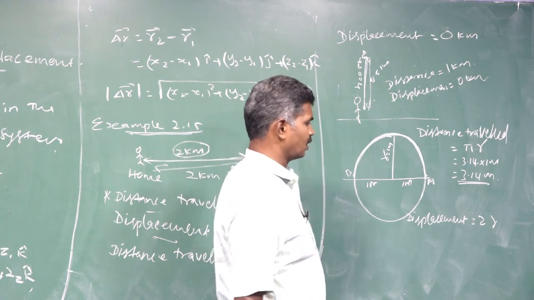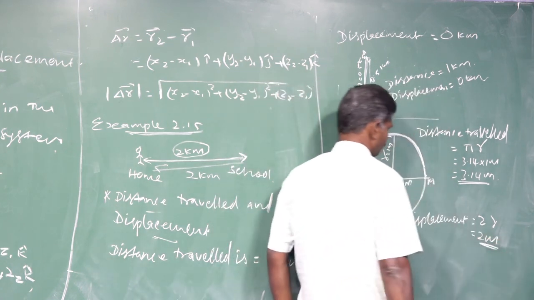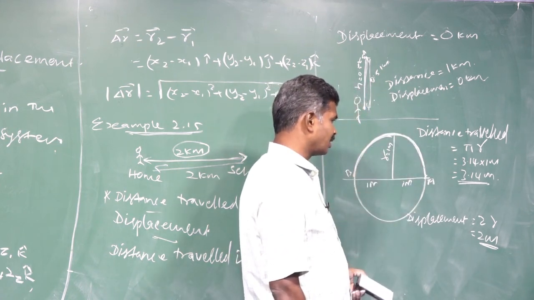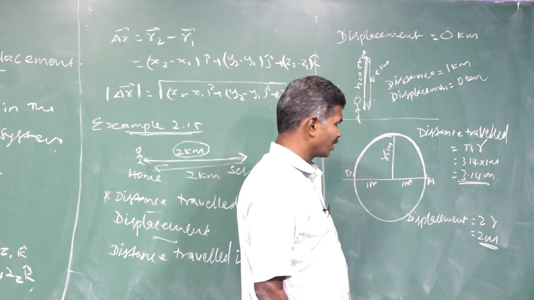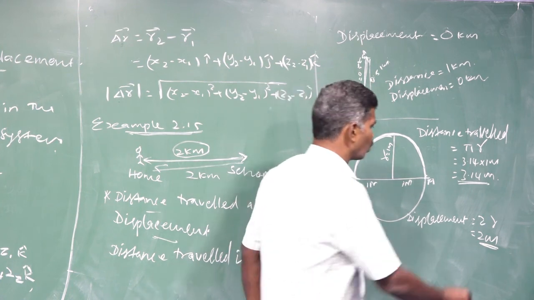The r value is 1 meter. That's why 2 meter alone. If any particle moves in a circular path and completes a semicircular path, at that time the distance traveled is pi r, and the displacement is 2r.